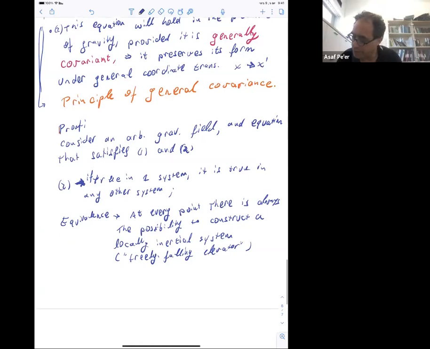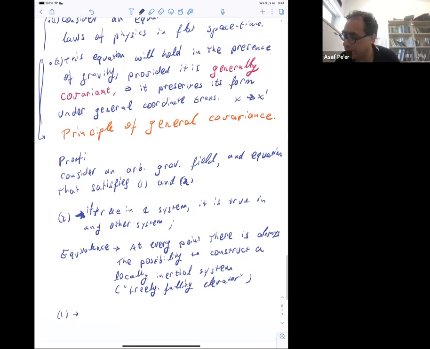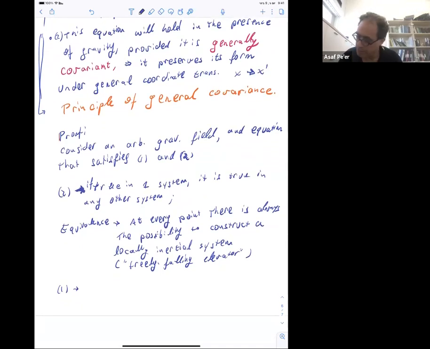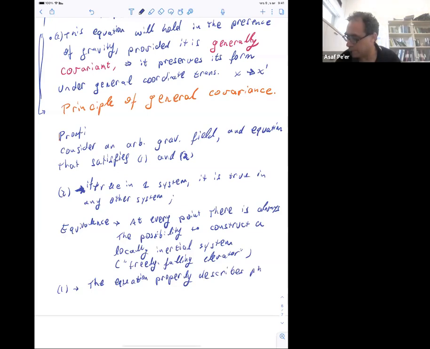And then from 1, we know it is true in this system. It properly describes the physics in flat spacetime, so the equation properly describes physics in this system.